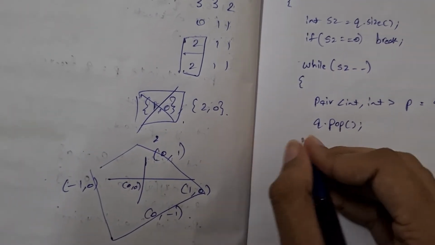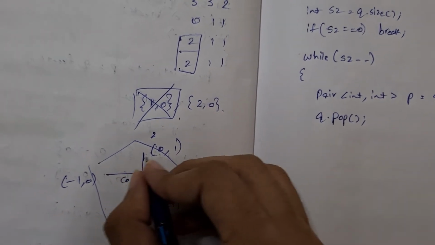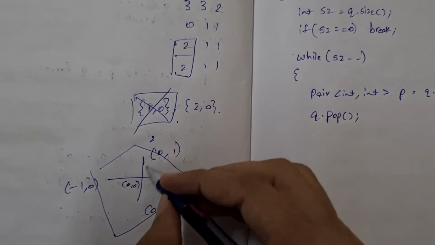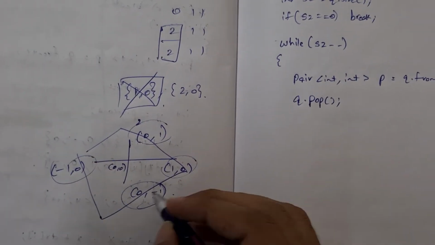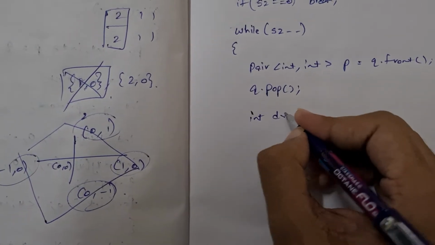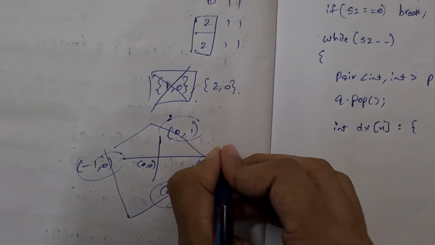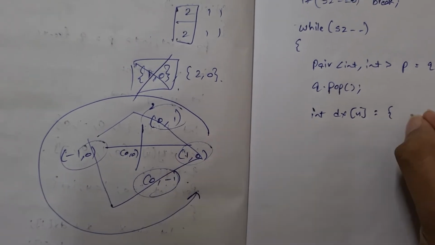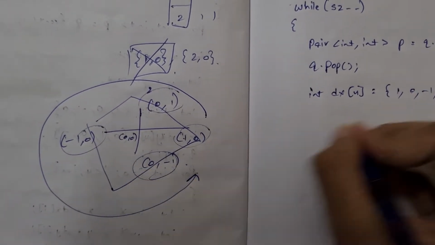So after removing this, we have to traverse through this. In order to do this easier, we can use 4 different conditions. In order to reduce the code, we can use arrays, like dx[4] equal to, I will go in this direction: start from 1, the second element will be 0, minus 1, and 0.